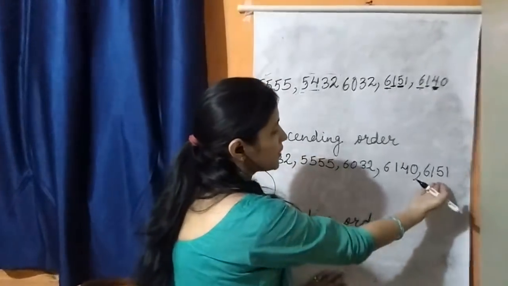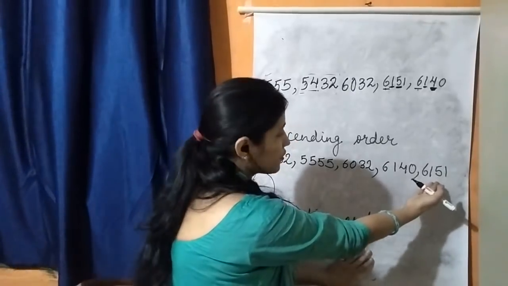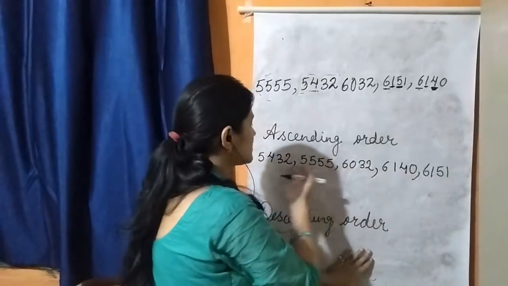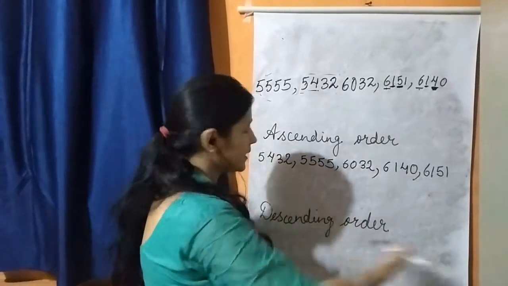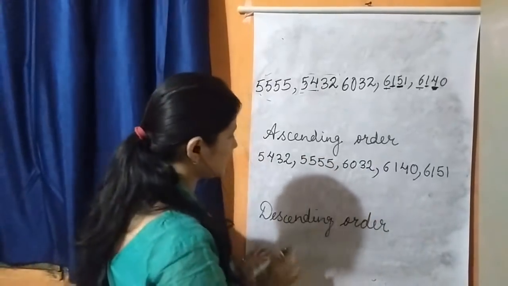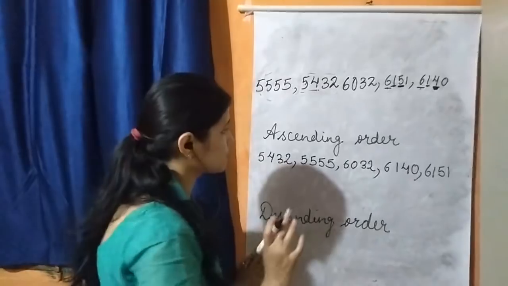If we write the numbers from here to here, firstly this, then this, then this and then this, then you will simply get your numbers in descending order. Descending order is from greatest to smallest.